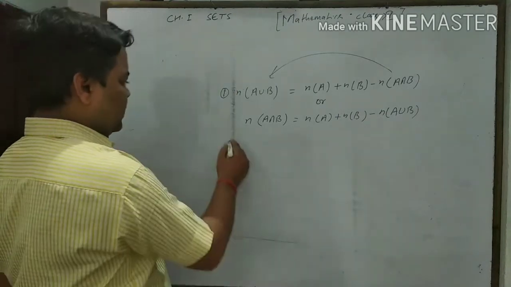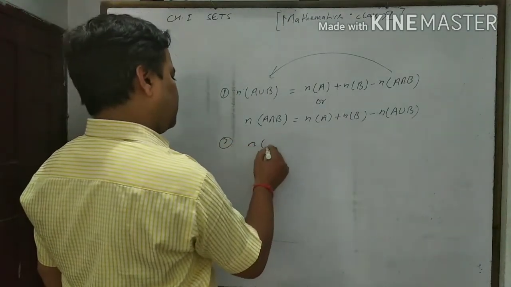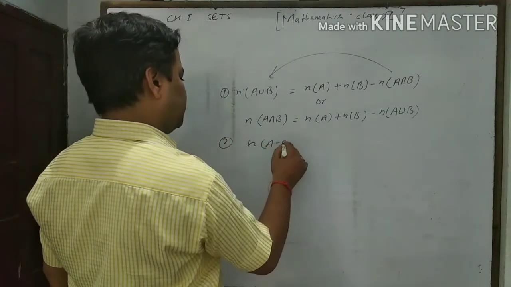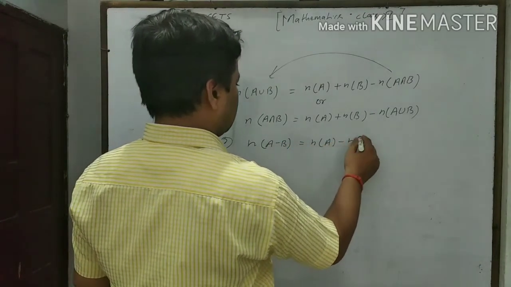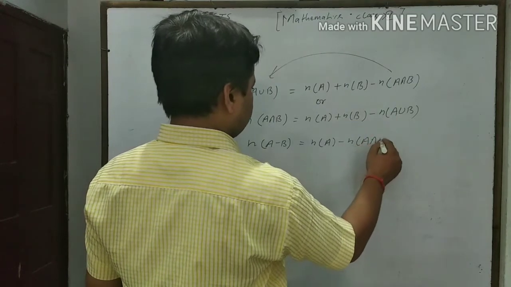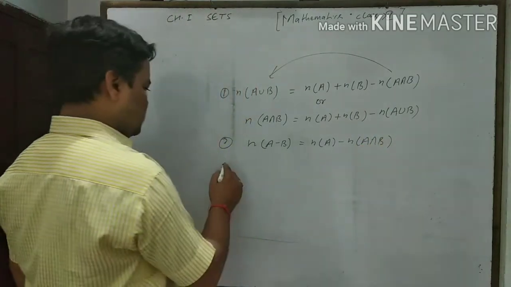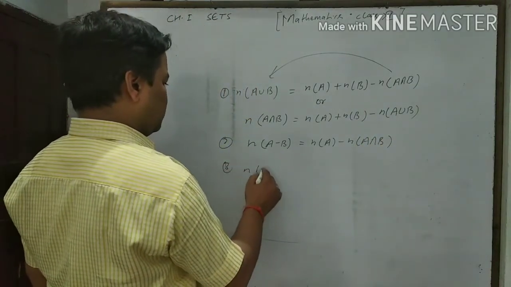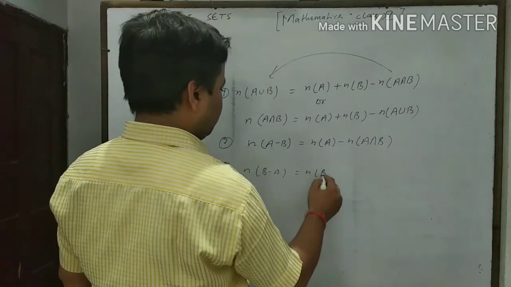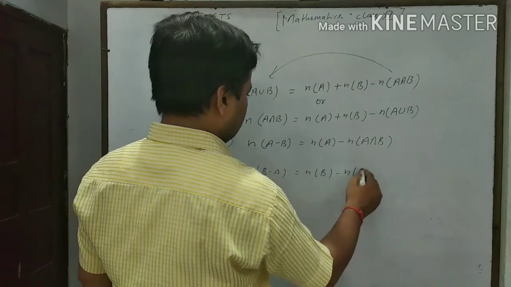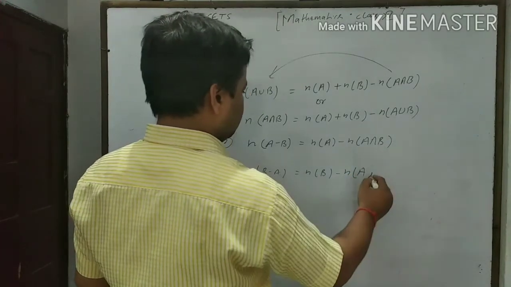The second one, n(A minus B) is equal to n(A) minus n(A intersection B). The third one, n(B minus A) is equal to n(B) minus n(A intersection B).